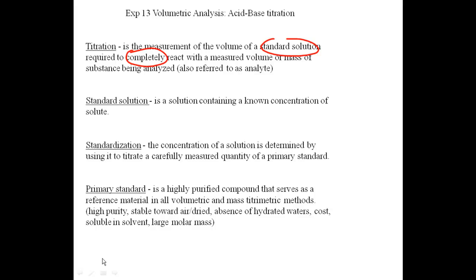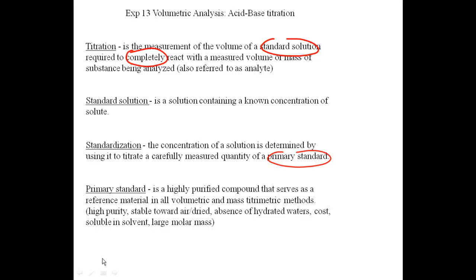So the question is, what is a primary standard? It is a highly purified compound that serves as a reference material in all volumetric and mass titrimetric methods. Basically, for something to be a primary standard, it has to be of high purity. It must be stable toward the air, and you can put it in the oven to get out the moisture.